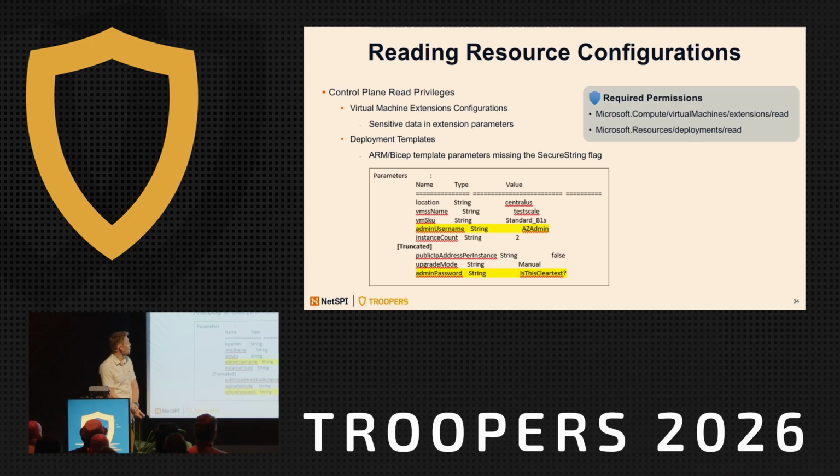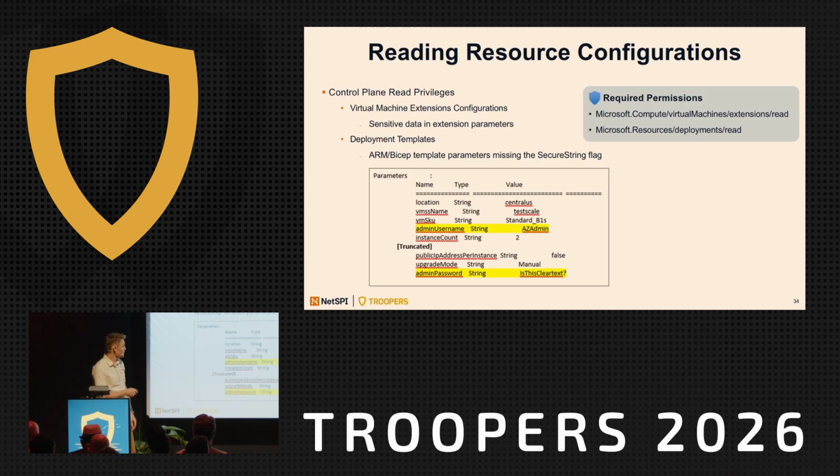Deployment templates. When you deploy a resource out to Azure, in the resource group itself, it creates something called a deployment. Those have templates associated with them, ARM, Bicep, pick your poison there. I know people have preferences either way. But what you can do with those deployments is actually export all of the parameters related to the deployment and the associated templates.